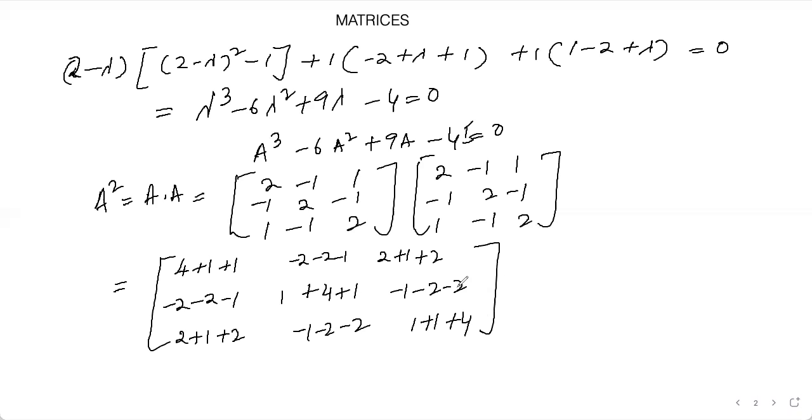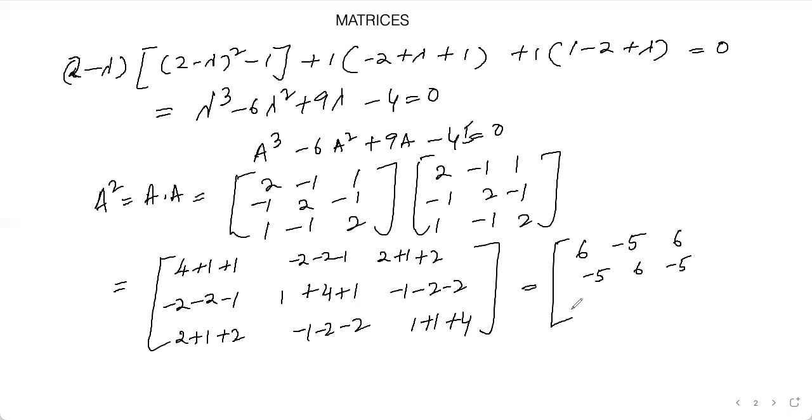So you get this. After simplifying it, you get 4 plus 1 plus 1, which is 6. And this is minus 6 minus 5... this is 6 again, and this is minus 5. And this is 6, this is minus 5.